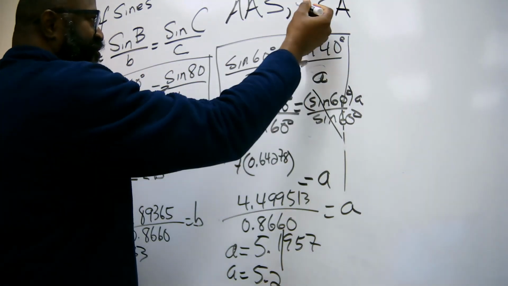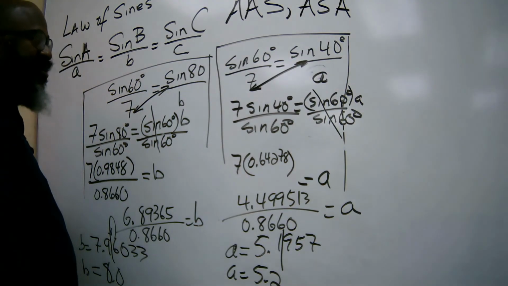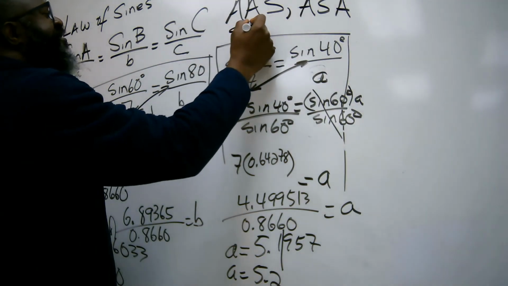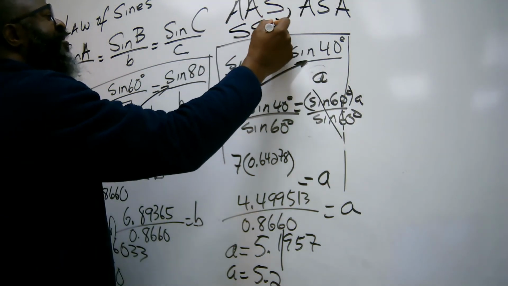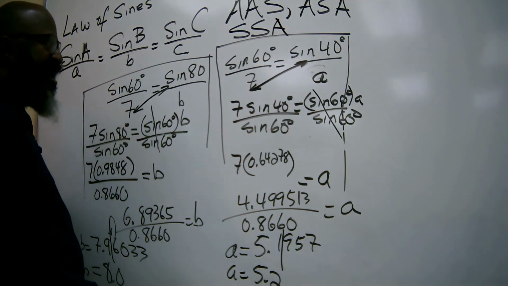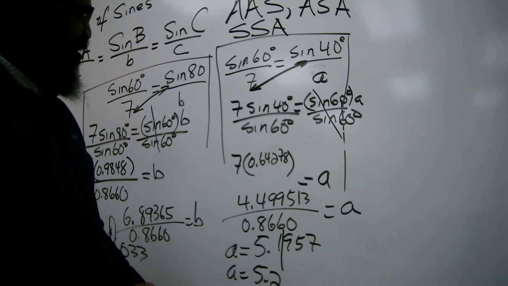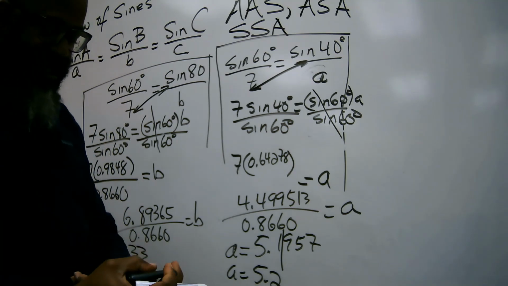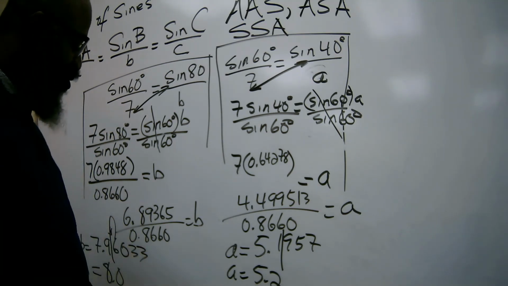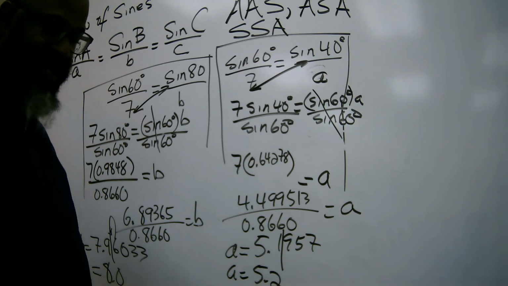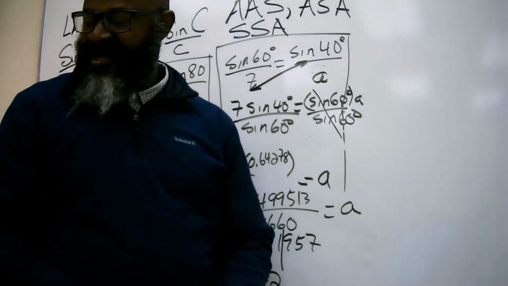Once again, if you know two angles, you can always find the third angle. It can be used for side-side-angle, but make sure the angle is opposite to one of the sides. In this case, you will have to use inverse sine to find one of the missing angles.